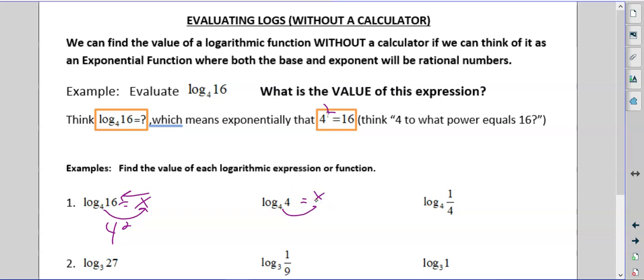Well, that's 4 to the first power. When these numbers are the same, the exponent is 1.